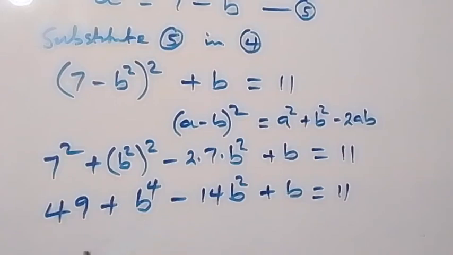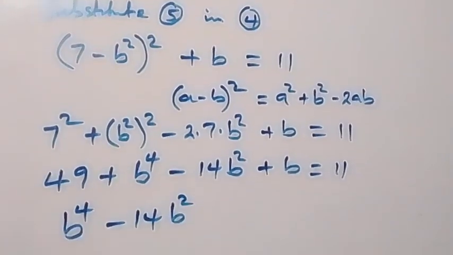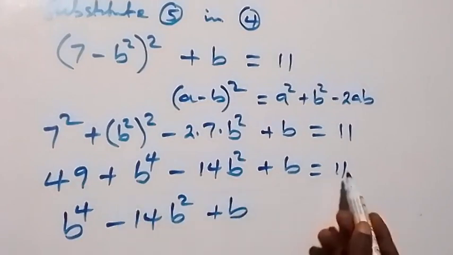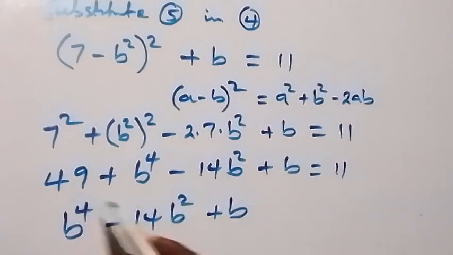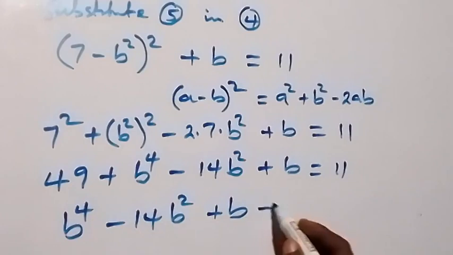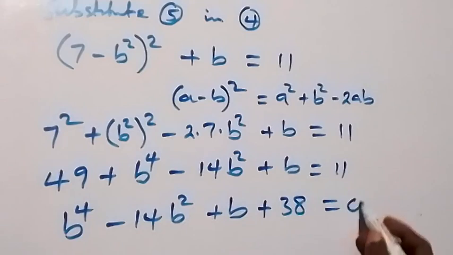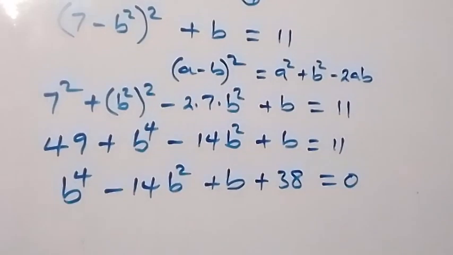So we have b raised to power 4 minus 14b square plus b, then this becomes 49 minus 11, that gives us plus 38, equals 0 on this side.